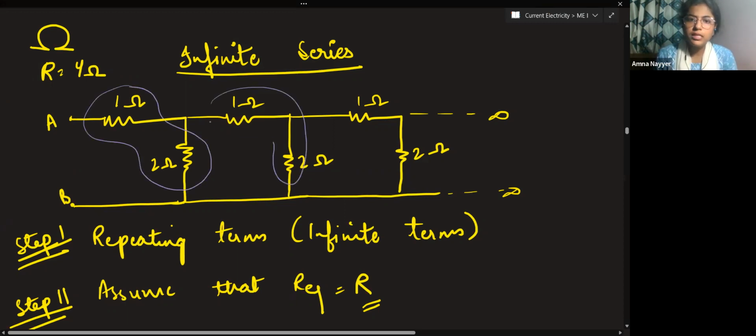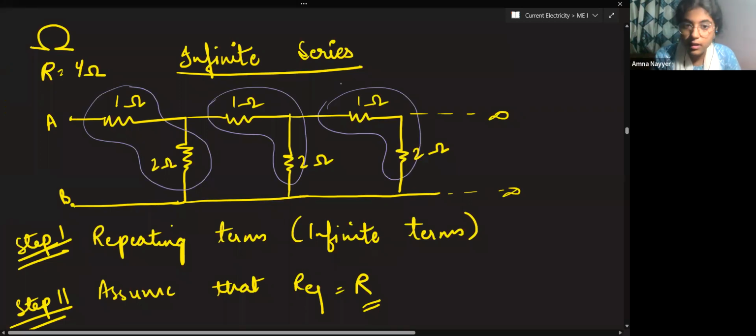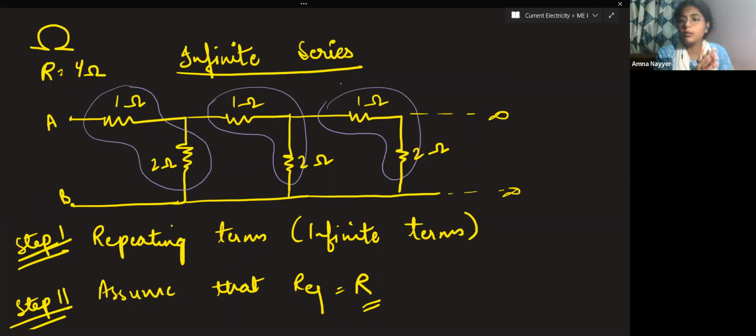Then 1 ohm resistor, 2 ohm resistor. Again I'm able to see this 1 ohm resistor, 2 ohm resistor. Are you able to notice this sequence has been extended till infinity? So identification of this repeating term is important.